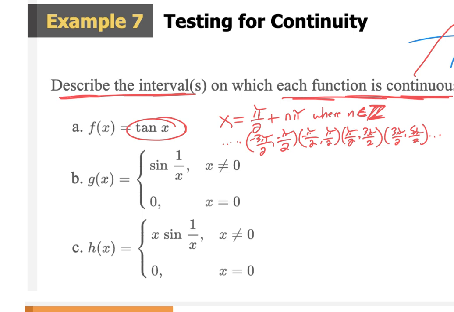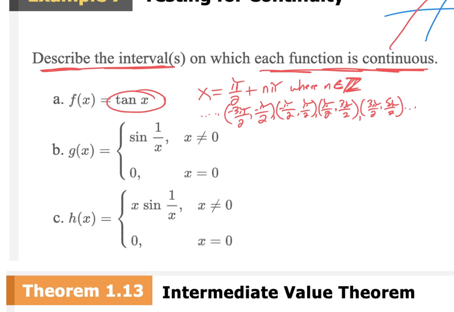So those are the intervals over which it is continuous. Now the book says maybe we could shorten that up and just say that the tangent function is continuous on the open intervals in its domain. Okay, not closed intervals, but the open intervals.